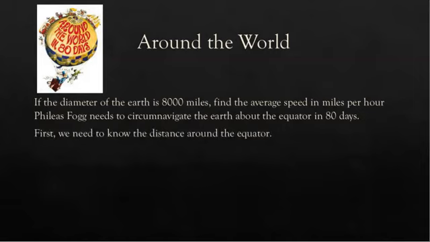So first, we need to know the distance around the equator. We are given the diameter, and the distance around the equator would be circumference. What was our formula for circumference? It was d times pi.